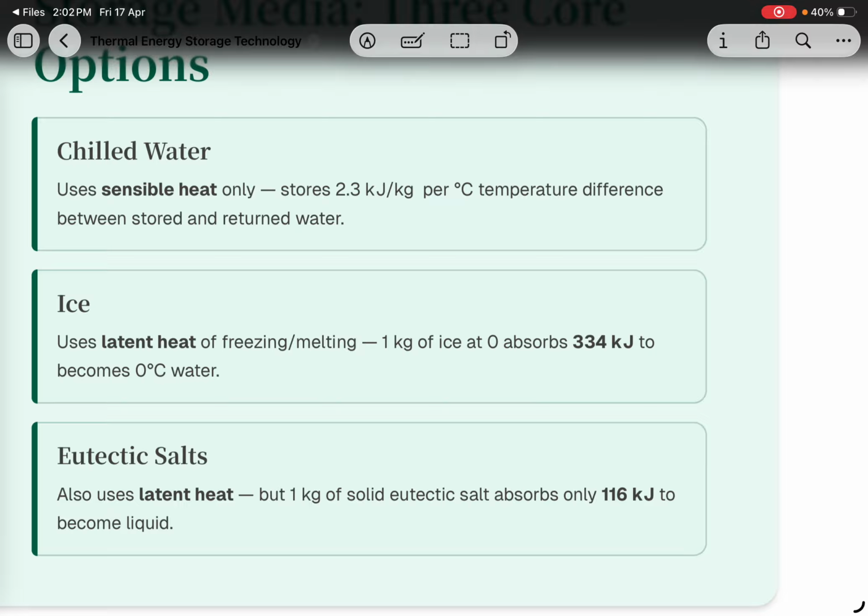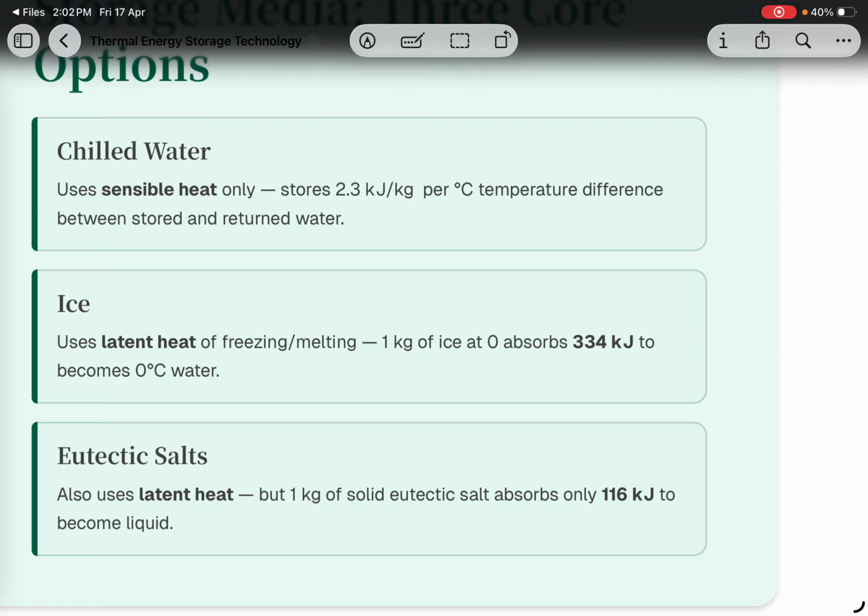Okay, so the first important part of thermal energy storage is you have to have an appropriate storage media, and that is going to decide the volume of the storage tank. So the chill water stores 4.2 kilojoules per degree centigrade per kg.